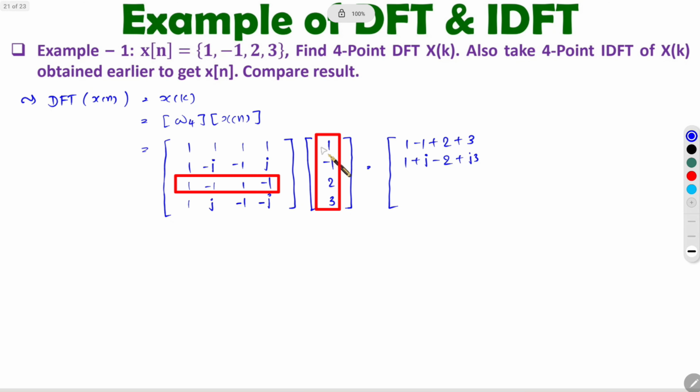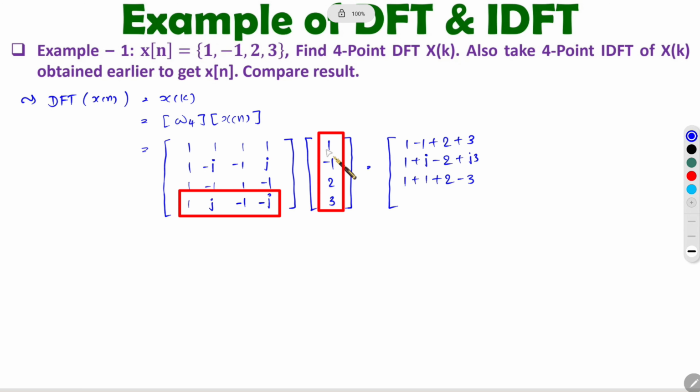So 1 into 1, that is 1, minus 1 into minus 1, that is plus 1, 1 into 2, that is plus 2, minus 1 into 3, that is minus 3. And the last element, that is the last row into this column. So 1 into 1, that is 1, j into minus 1, that is minus j, minus 1 into 2, that is minus 2, minus j into 3, that is minus j3.